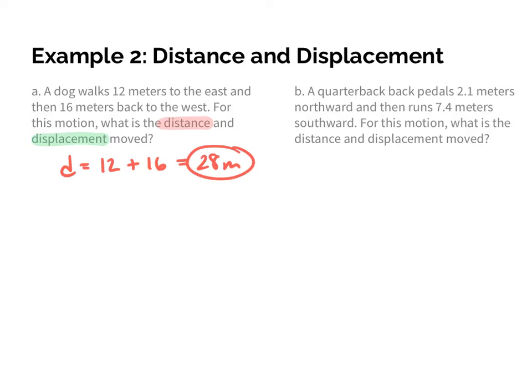If I look at displacement, I'm going to pay attention to direction. So notice it's 12 meters to the east, 16 meters to the west. If I think of, again, my little graph, north, south, east, west, east is technically going to be a positive direction, west is negative, north is positive, south is negative, just like I did before, thinking of this as a graph.